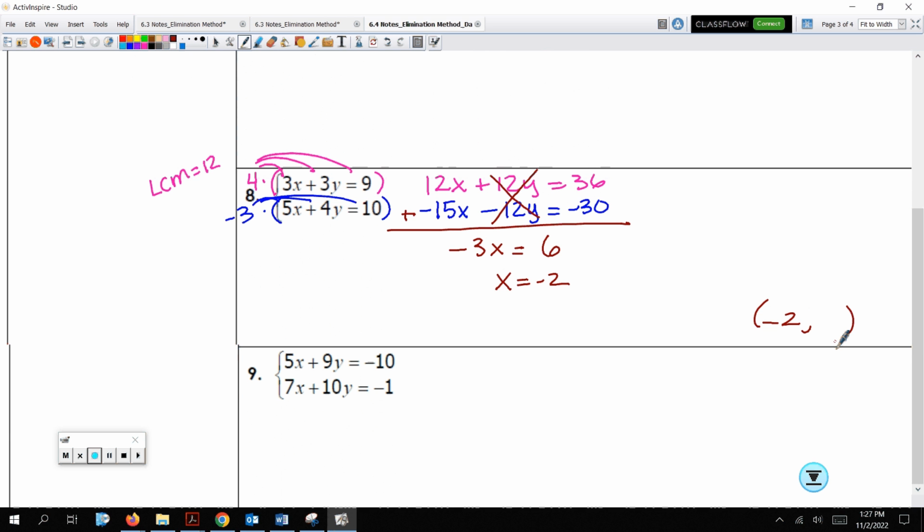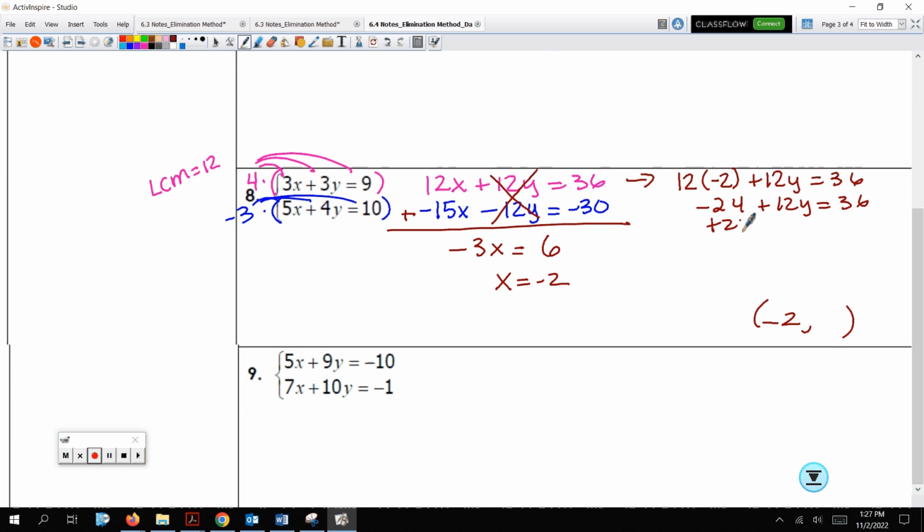Now I have so many choices on which equation I want to plug in that value of x to. So I'm just going to stay consistent and pick a top one. All right, 12 times -2 plus 12y equals 36. 12 times -2 is -24 plus 12y equals 36.